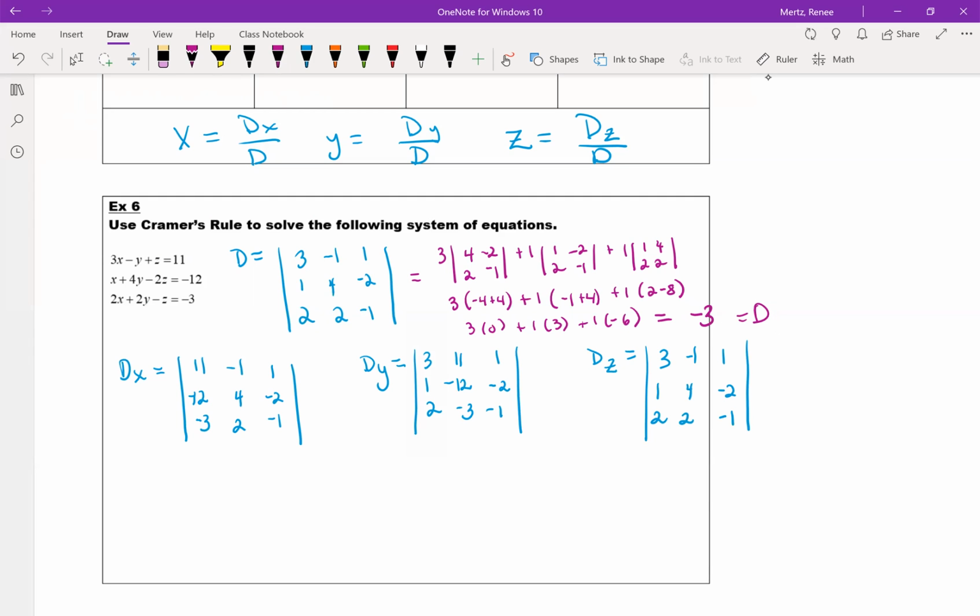It's not really an answer, so D of x. D of x is 11 times 4, 2, negative 1, plus 1. Lots of negatives on that one.